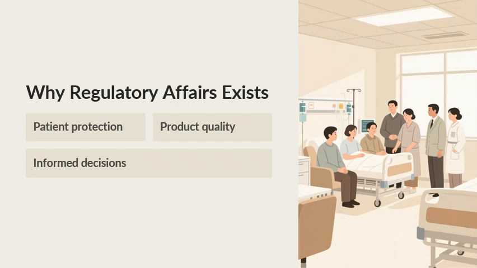RA helps organizations generate, organize, and submit the right evidence so regulators can make informed, science-based decisions. Importantly, this responsibility does not end once a product is approved. Medicines are monitored and updated over many years. Throughout this process, the goal remains the same: protecting patients while enabling access to effective treatment.